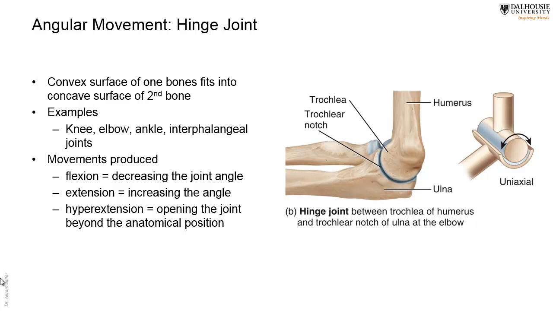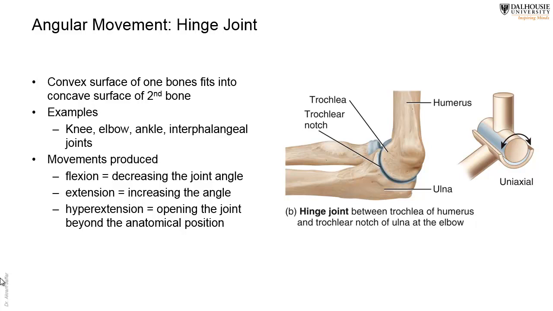Usually in hinge joints, like these examples, the knee and the interphalangeal joints, the movements are flexion and extension with hyperextension. Flexion is approximation of surfaces or reduction in the angle between the two bones. Extension is increasing the angle between the bones. And hyperextension is going beyond the anatomical position.